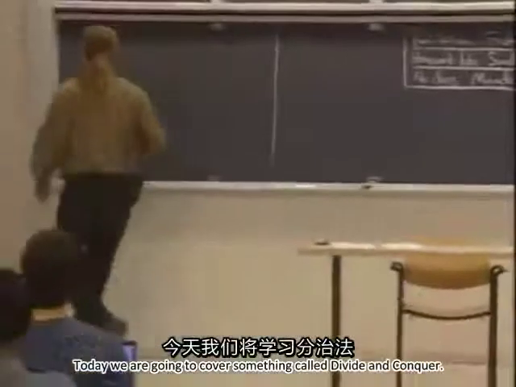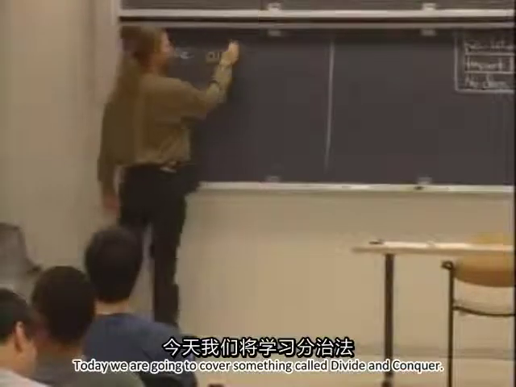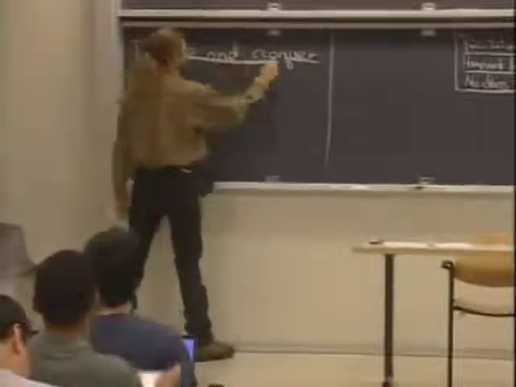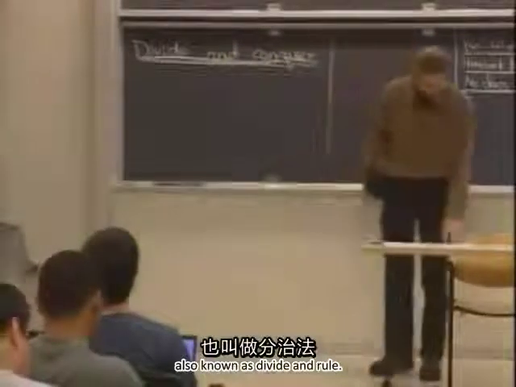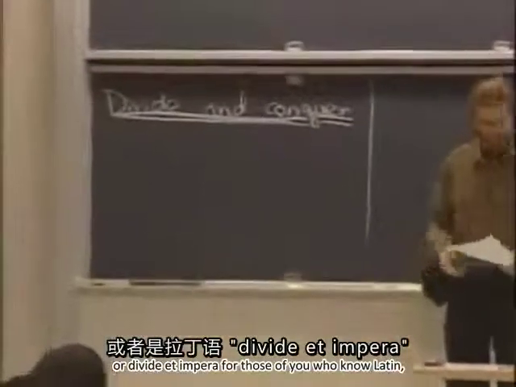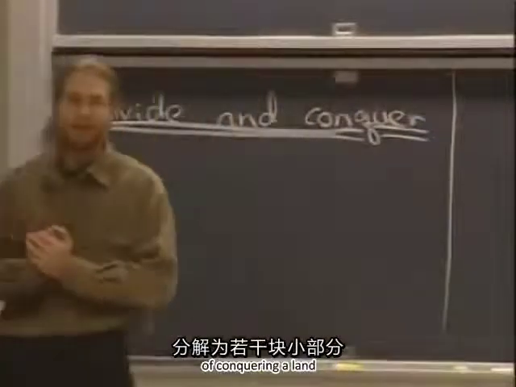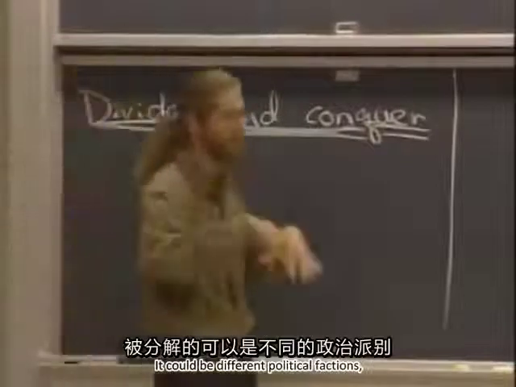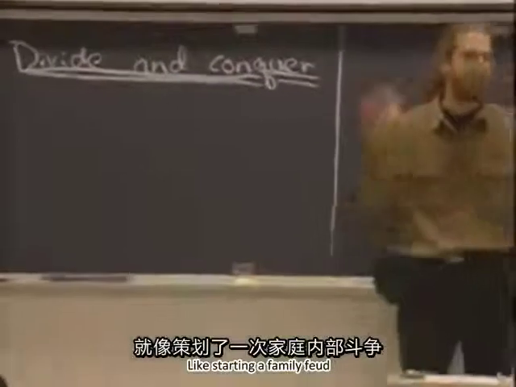Today, we're going to cover something called divide and conquer. Also known as divide and rule, or divide et impera, for those of you who know Latin, which is a tried and tested way of conquering a land by dividing it into sections of some kind, could be different political factions, and then somehow making them no longer like each other, like starting a family feud is always a good method.